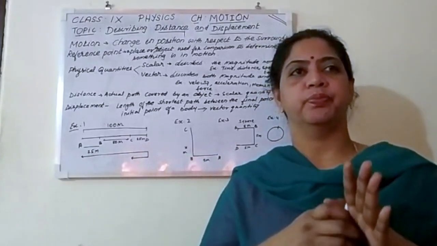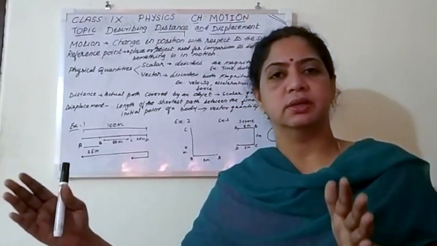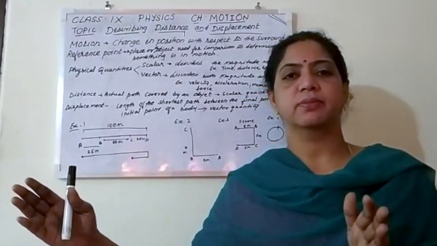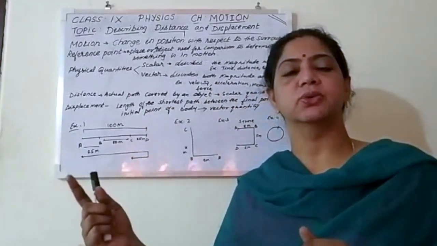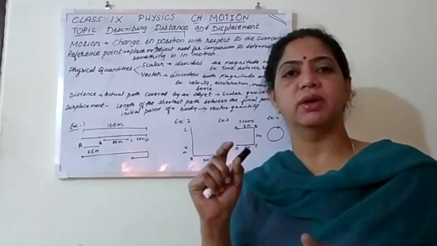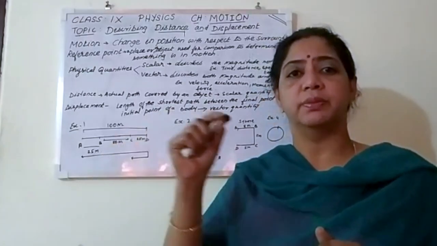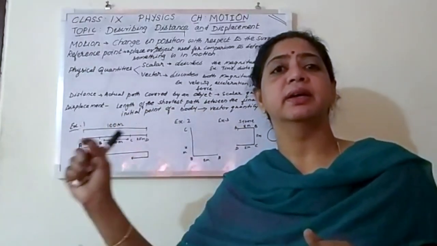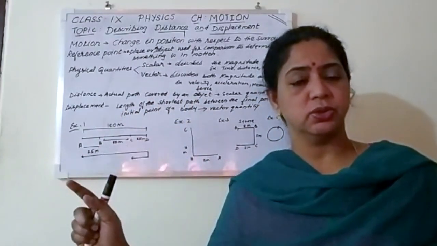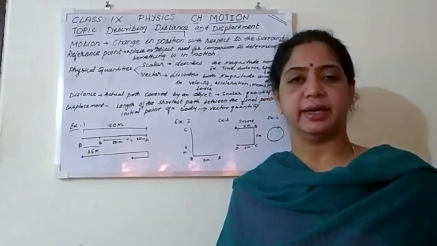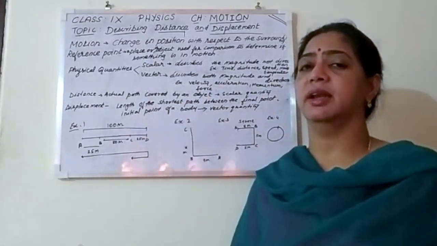Like if you are moving from your home to the market, if it is 5 kilometer distance, that 5 kilometer is the unit and 5, the numerical value, is the magnitude. So the distance covered from your home to the market is expressed as 5 kilometer, which shows the magnitude but not the direction, isn't it? So distance comes under scalar quantity.